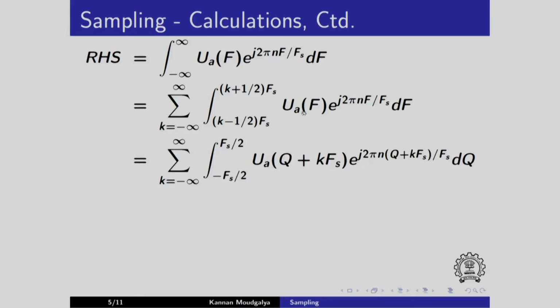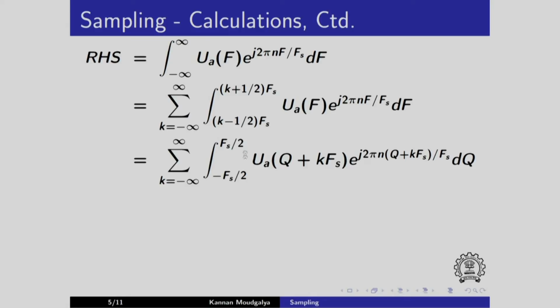Next what I will do is, I will write capital F as q plus k small fs. I will say that F is this and q being a dummy variable. So if F varies from (k minus half) fs to (k plus half) fs, it is easy to show that q will vary from minus fs by 2 to fs by 2.